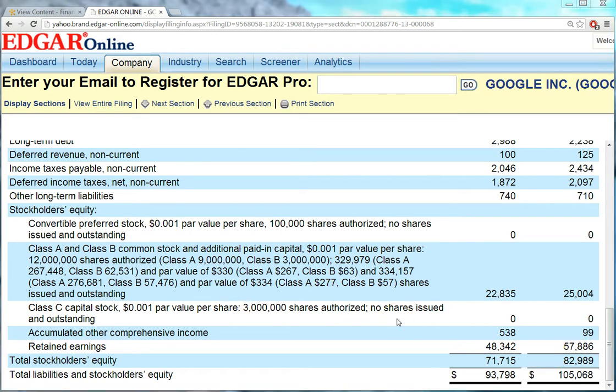Now, while we are here on the balance sheet, one of the principal, most fundamental measures of financial status is the debt to asset ratio. Now, if we think about it, remember that the balance sheet is assets equals liabilities plus shareholders' equity.